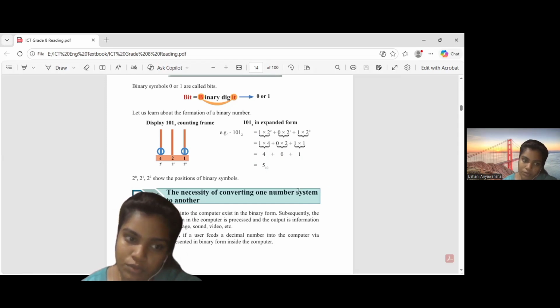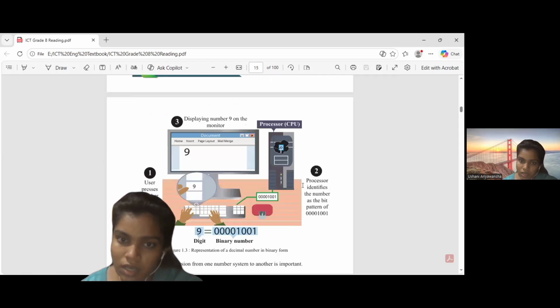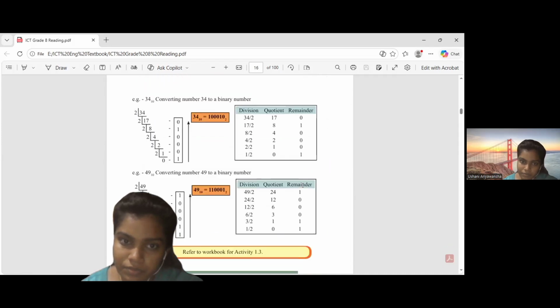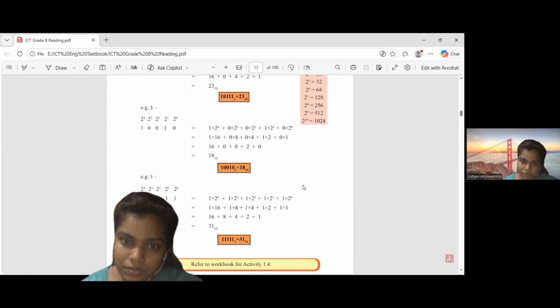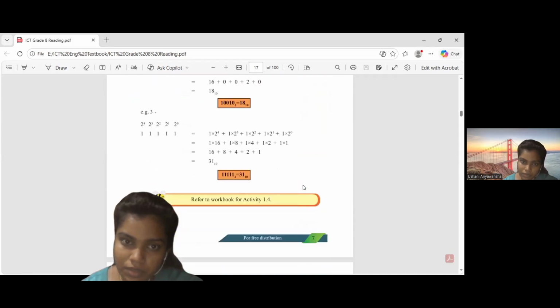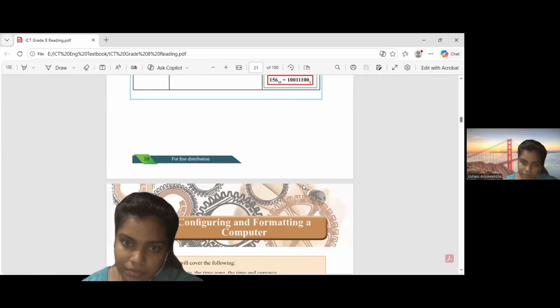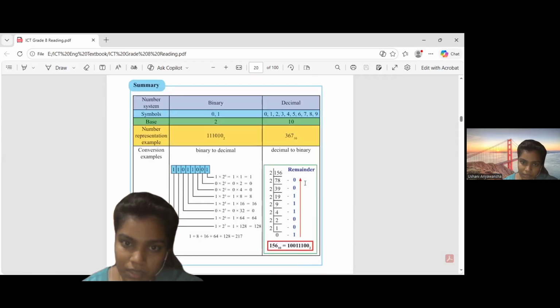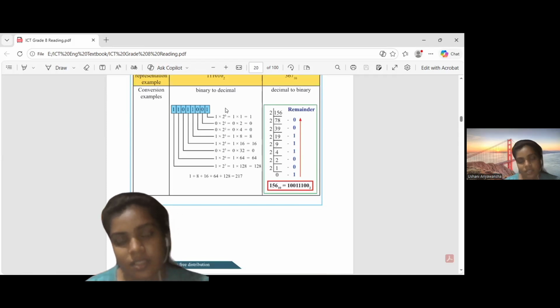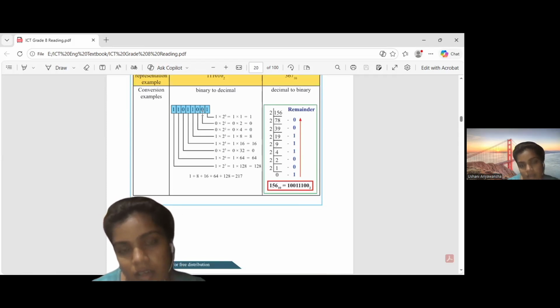So, another way to do this conversion, we can do like this, right? Here, see, this 1 is in 2 to the power 0's place, right?